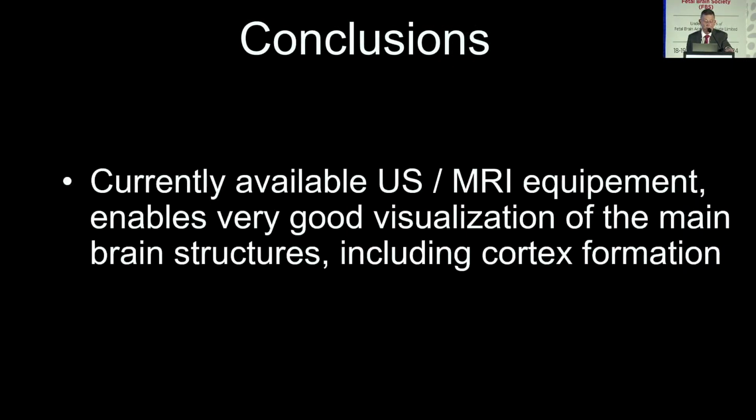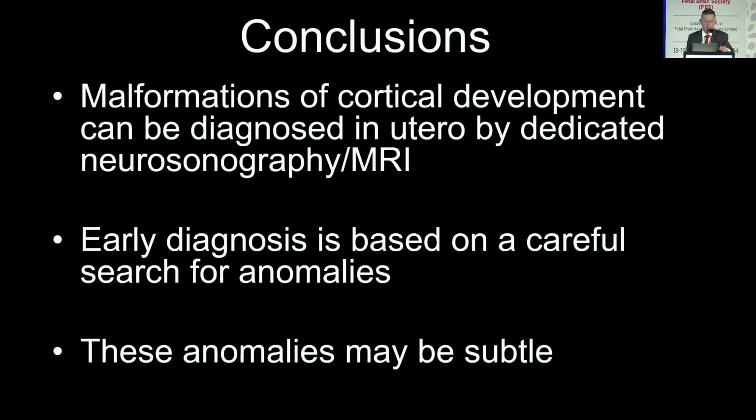In conclusion, currently available ultrasound and MRI equipment enables very good visualization of the main brain structures, including cortex formation. Malformation of cortical development can be diagnosed in utero with dedicated neurosonography or MRI. Early diagnosis is based on a careful search for anomalies, and these anomalies may be very subtle.